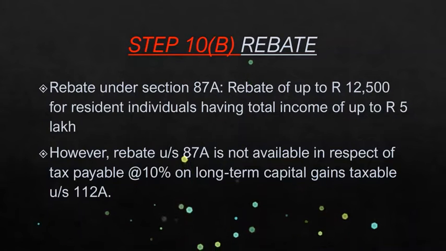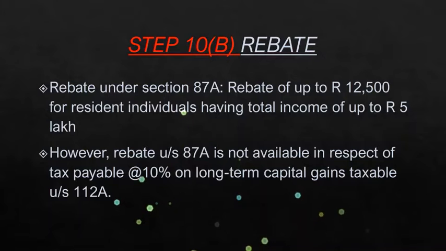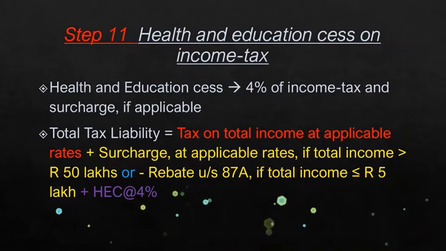Step 11. Health and Education cess on income tax. Health and Education cess is 4% of income tax and surcharge, if applicable.